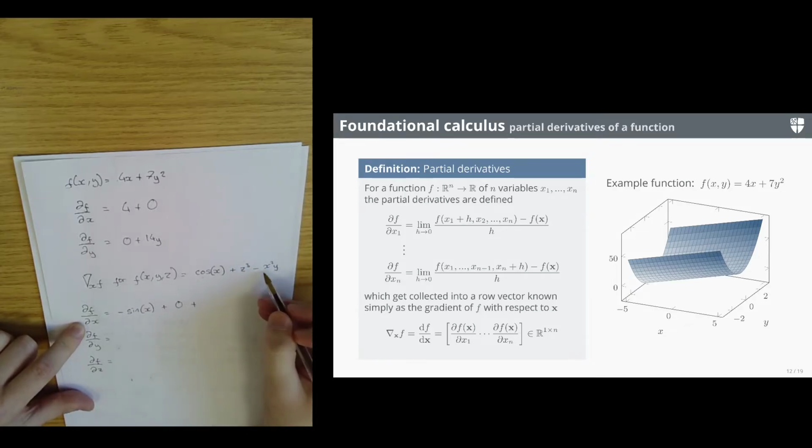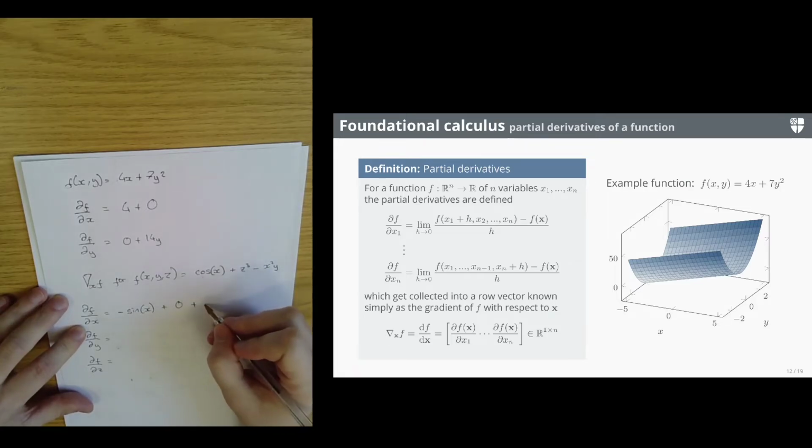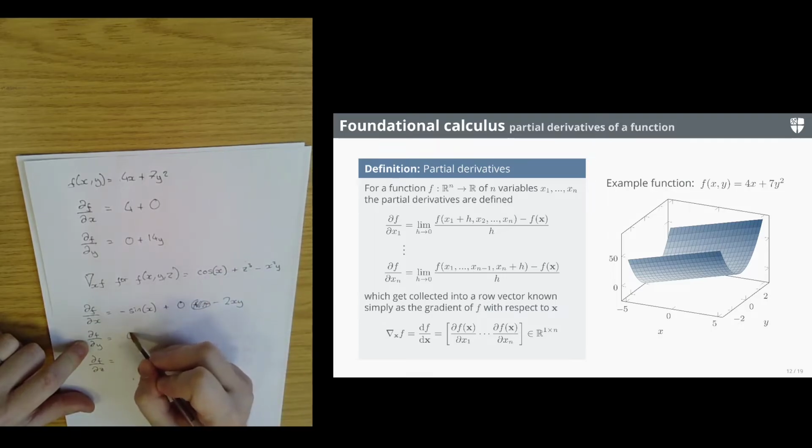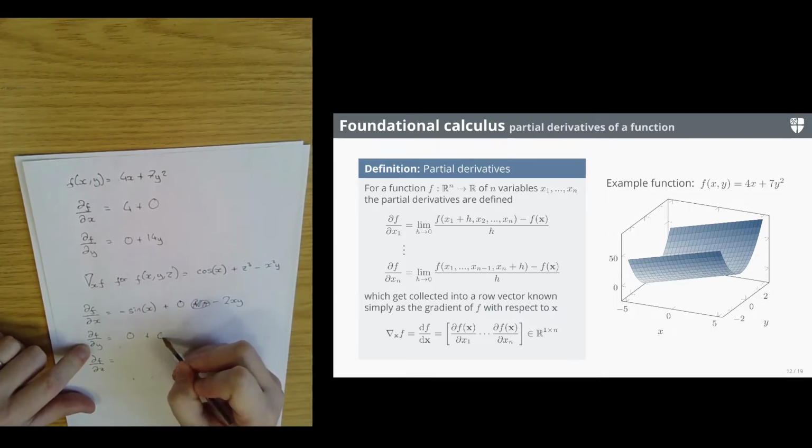And then there's an x in this term, so we need to differentiate it. Again we use the power rule, so it's plus minus, which is actually minus 2xy. We might as well do it for the others briefly. There's no y in here, so this is going to be 0. There's no y in here either, so that's 0.